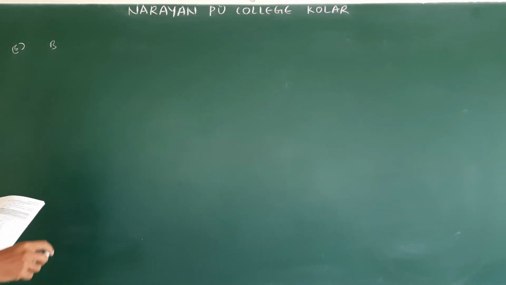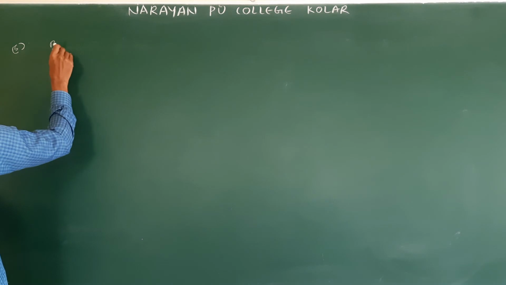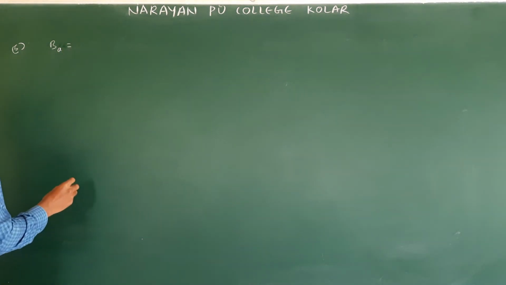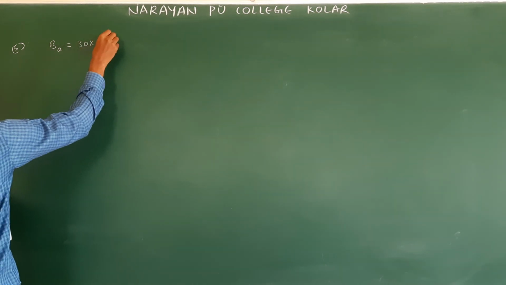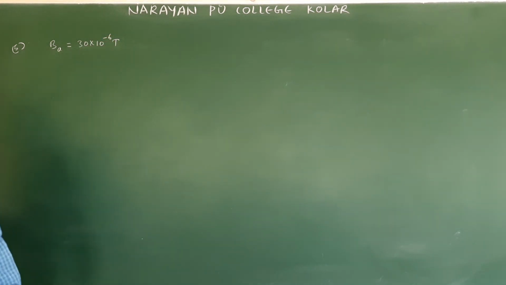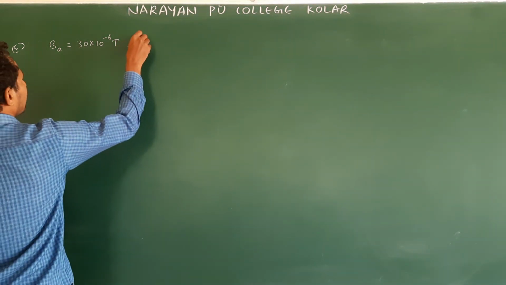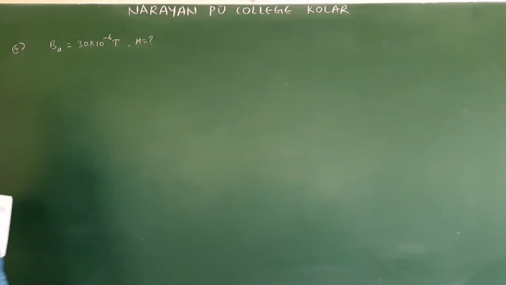It is on the axial line of the Earth magnet. So BA is equal to 30 microtesla, 30 into 10 power minus 6 Tesla. What is the magnetic moment of the Earth? They are asking capital M.